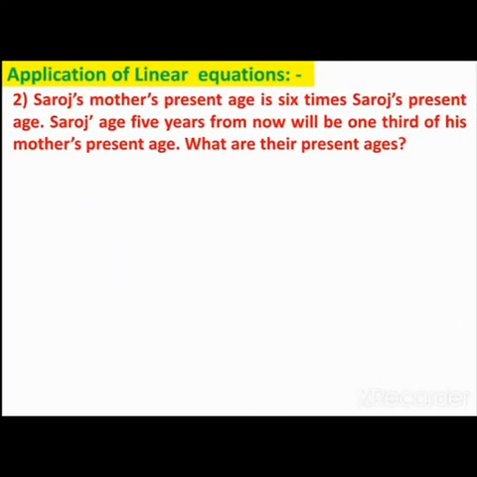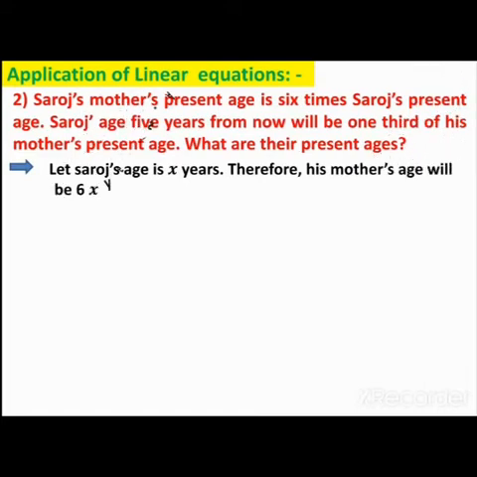Next question. Saroj's mother's present age is 6 times Saroj's present age. Saroj's age 5 years from now will be 1/3 of his mother's present age. What are their present ages? First we have to write the statement. Let Saroj's age be x years.